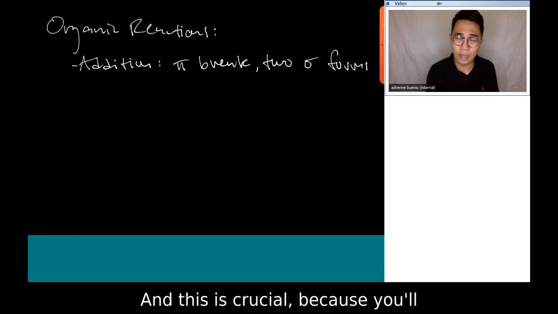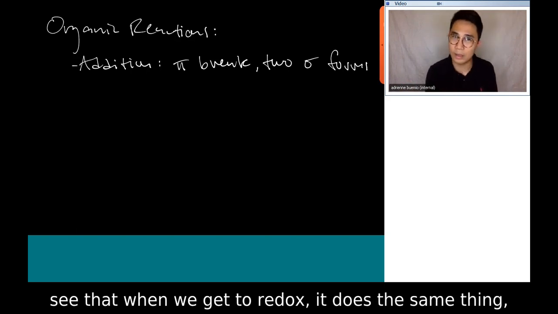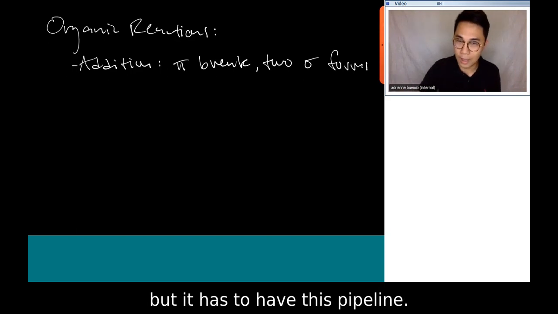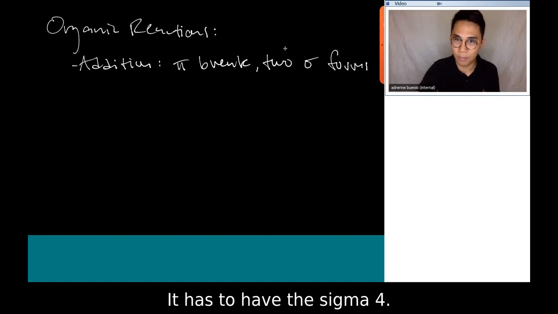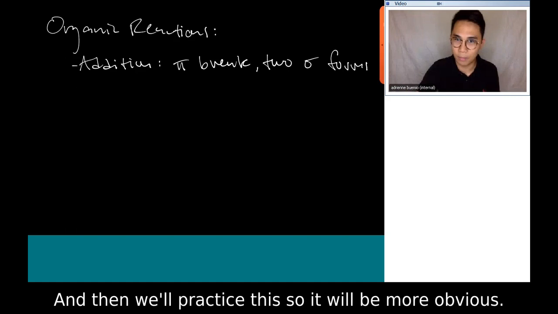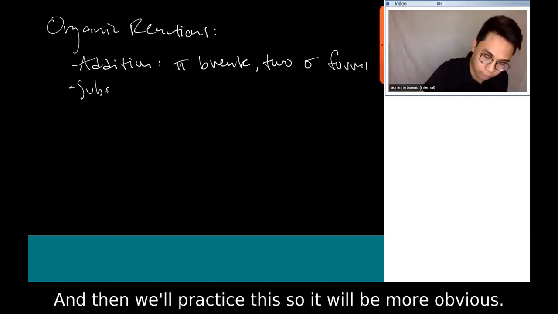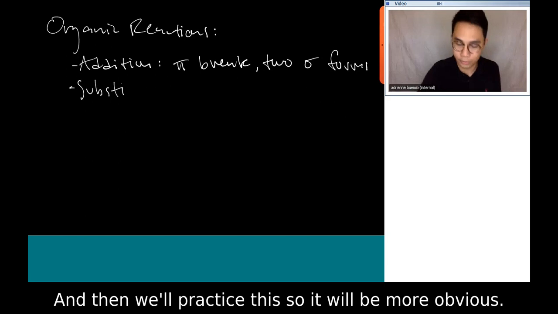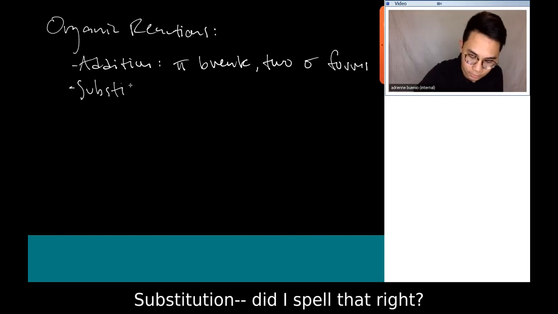And this is crucial because when we get to redox, it does the same thing, but it has to have this pi bond, it has to have the sigma form, right? And then we'll practice this so it'll be more obvious. You'll see it better.